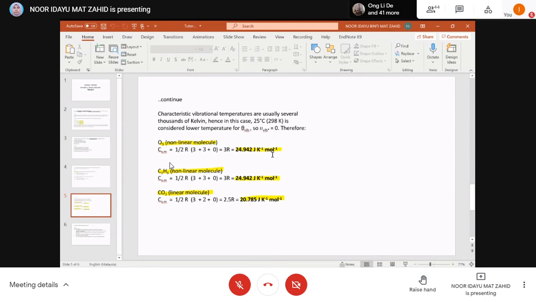Again, the unit tells you that this is a molar property. As for ethane, if you draw the ethane structure, it's also non-linear. So it should have the same heat capacity as ozone, which is 24.9 joule per Kelvin per mole. For carbon dioxide, if you draw the structure, it's linear in shape. So the rotational contribution will be equal to 2 instead of 3, and the heat capacity at constant volume would be 20.8 joule per Kelvin per mole.